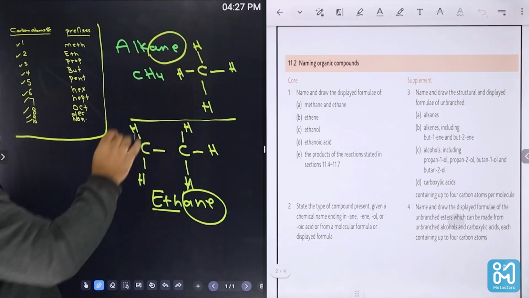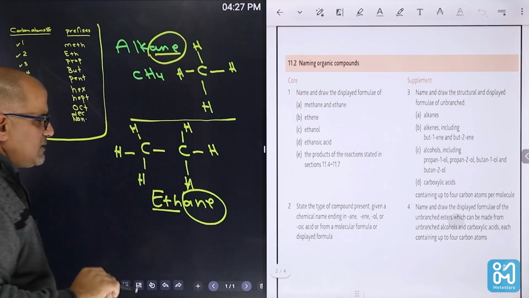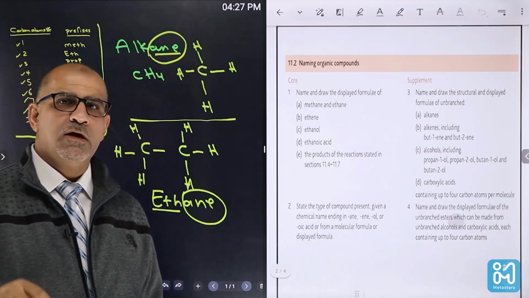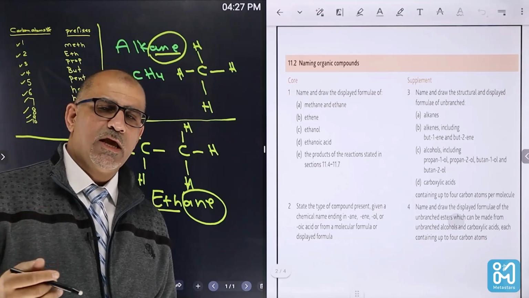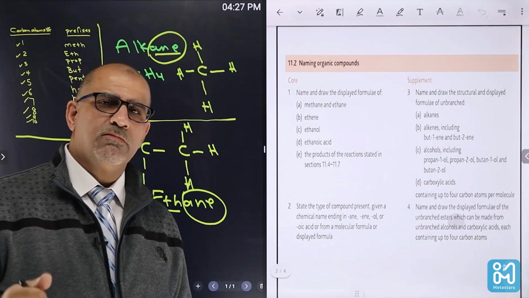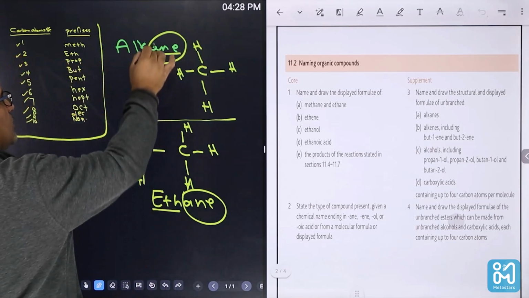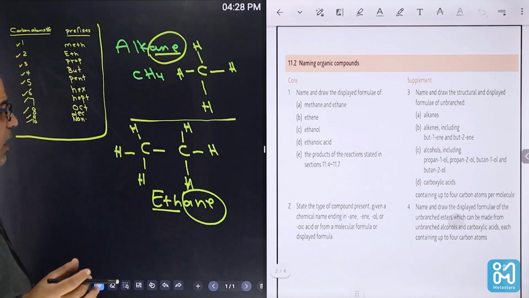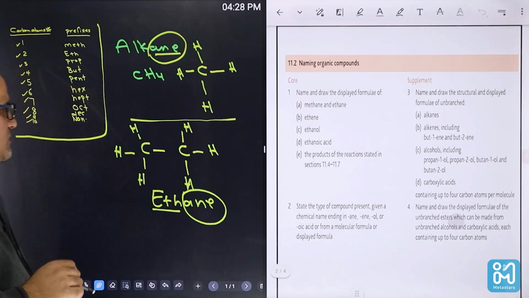So the prefix will give you the number of carbon atoms, and the suffix will identify the type of the homologous series.